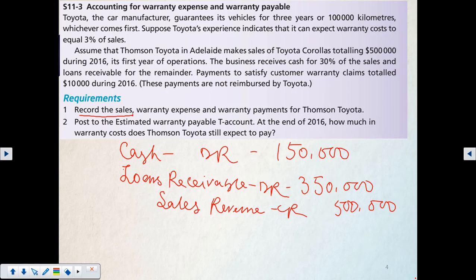Warranty expense. So we need to record the warranty expense as well. Give a journal entry for warranty expense. 1 minute.